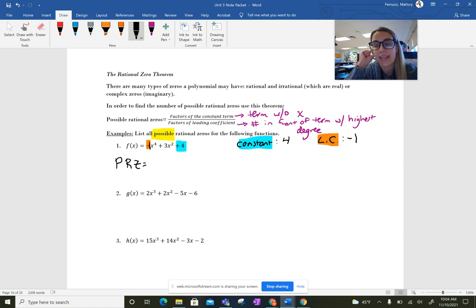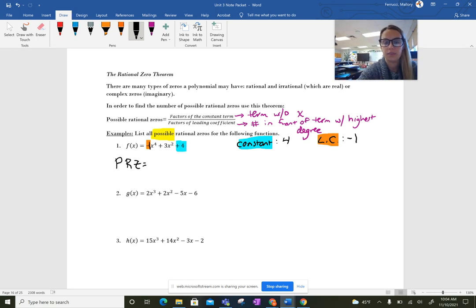Now in this case, I know it's negative, so basically we would have to have a negative and a positive. But just think of, for the constant term, you could have 2 times 2 or negative 2 times negative 2 to give you 4. So with all of these factors that we put, we're going to be putting a plus or minus sign in front of them.